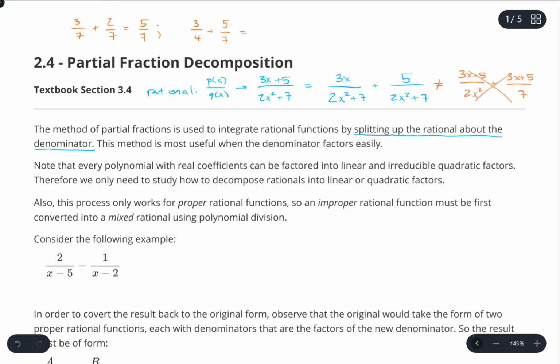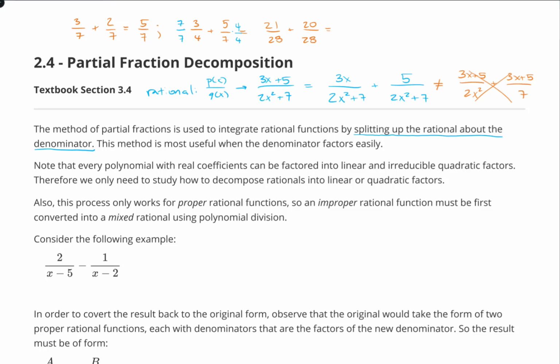So for instance, you could multiply the first fraction by 7 over 7, and then the second fraction by 4 over 4, and you're effectively just multiplying by 1. But you end up with new forms of these fractions where you now have common denominators. And once you have that common denominator, then you can just add together.